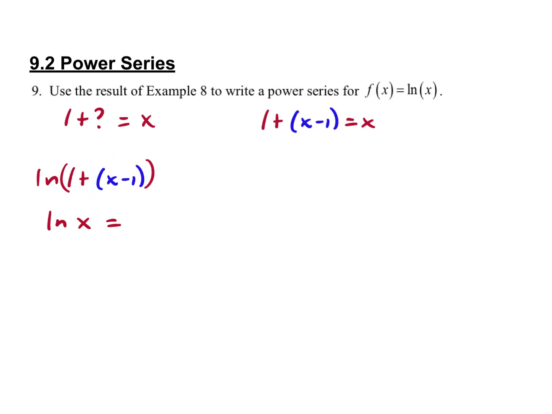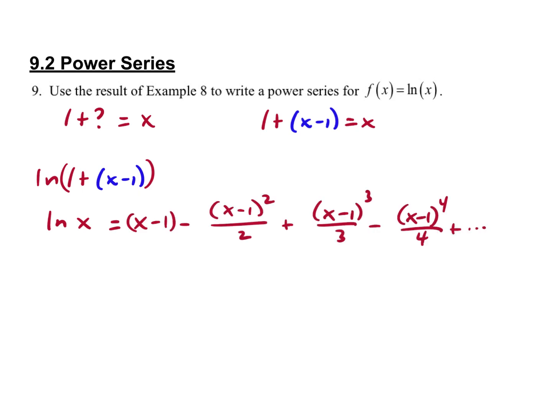Essentially what we're going to do, and I'll go back to it really quick. Okay. So instead of having the x, I'm substituting the x minus 1 in wherever there was an x. So this is the same function that we just did for that previous example, but instead of it being x, we're substituting x minus 1 in.